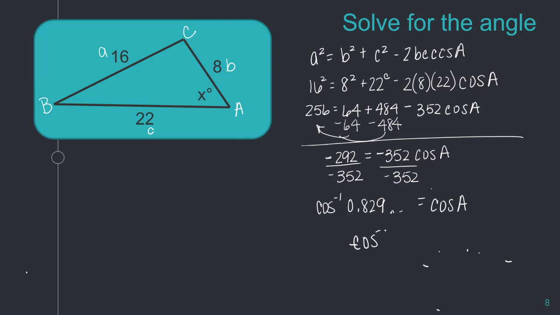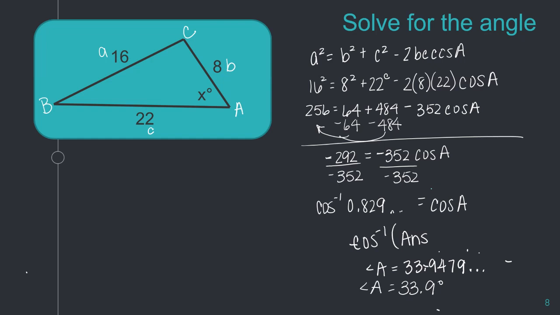Okay, so you should see this on your screen when you're doing this, and hit enter, and you get 33.9479, etc. So let's make that 33.9 degrees.